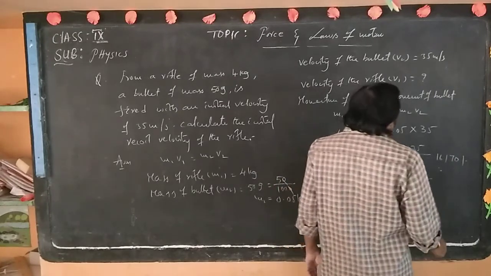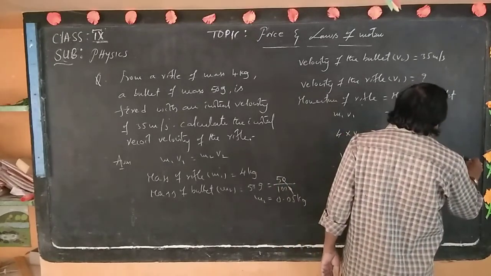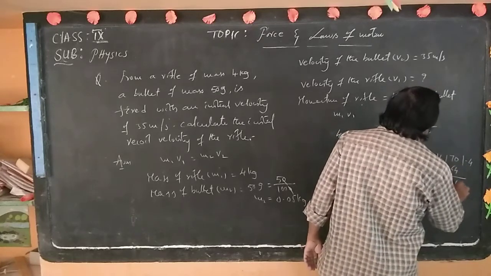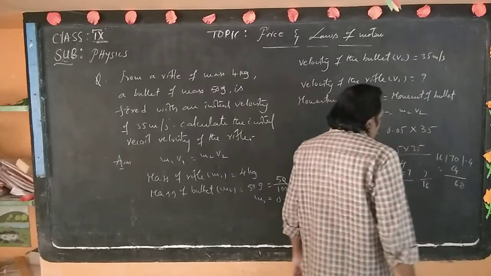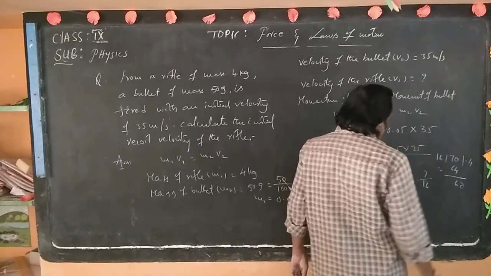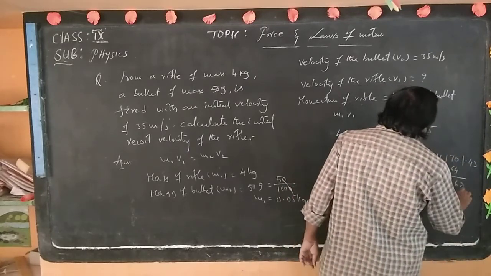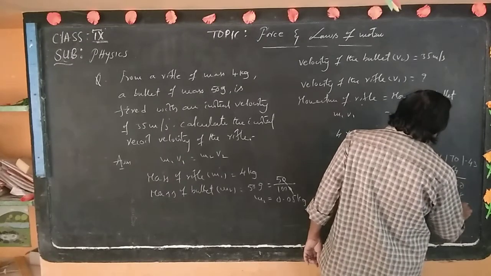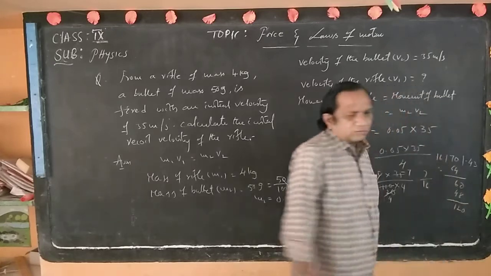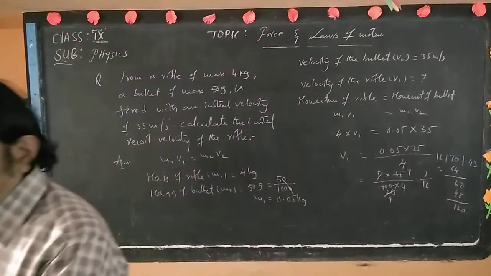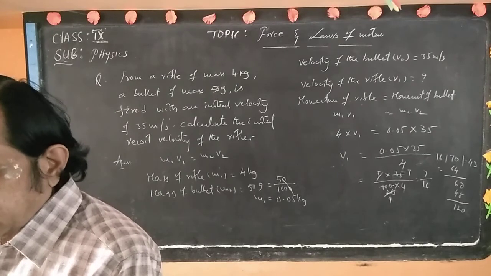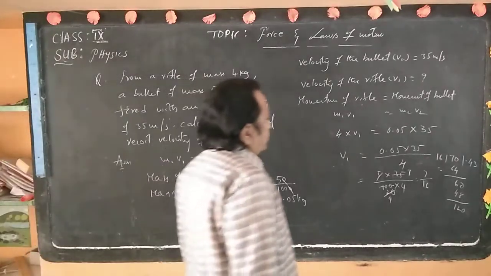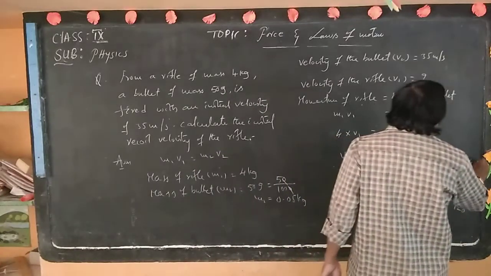Then you get 16 fours are 64. Now 16 threes are 48. Now we can approximately consider the velocity as 0.4375.